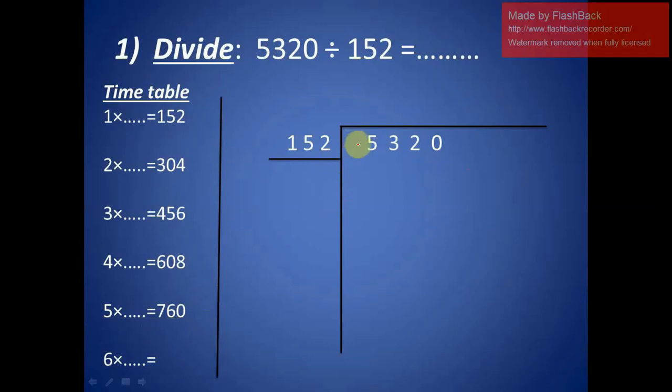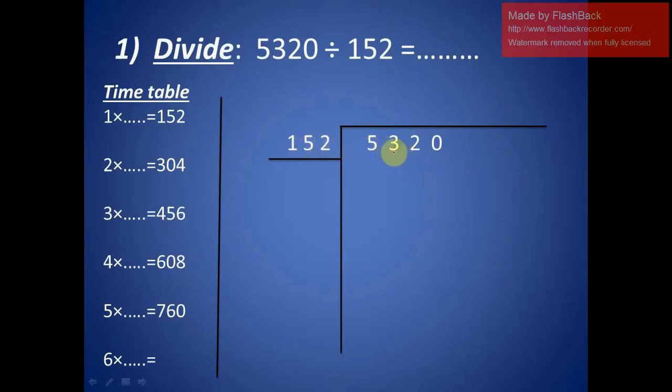We divide from the left digit, from 5. 5 divided by 152 is impossible because 5 is a small number. 5 and 3, 53. 53 divided by 152 is impossible because 53 is also smaller than 152.